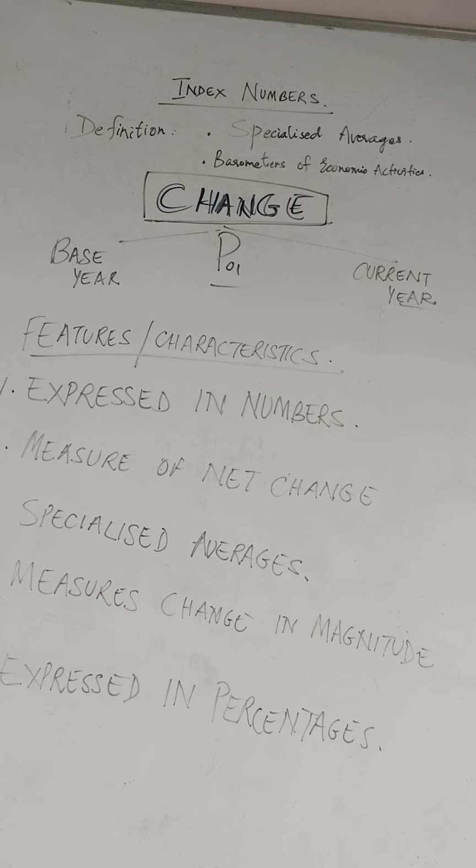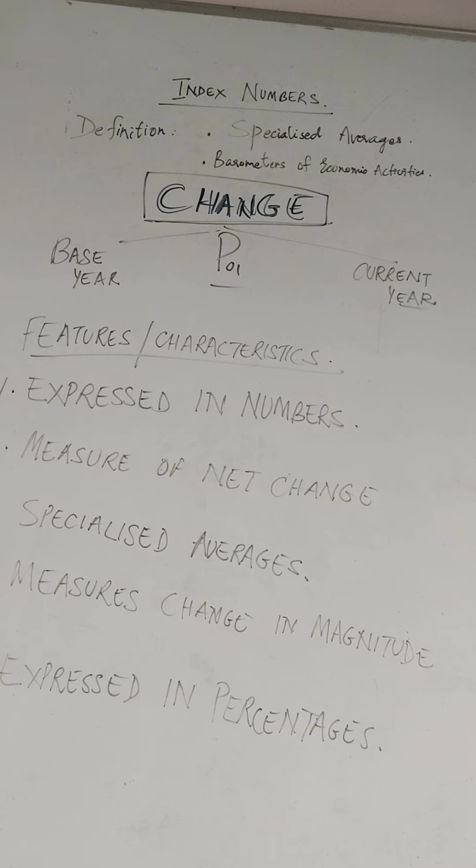Third is specialized averages. So what are these? Index numbers are expressed in terms of percentage in order to show the extent of relative change, however without using the sign of percentage.